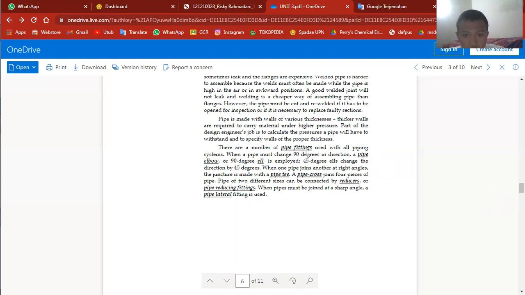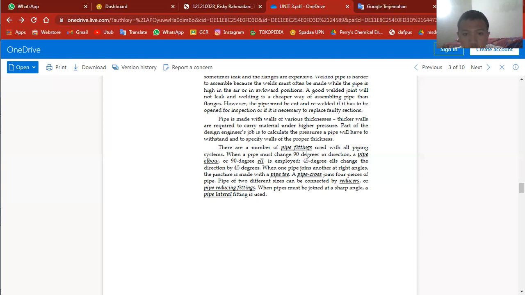There are a number of pipe fittings used with all piping systems. When a pipe must change direction by 90 degrees, a pipe elbow or a 90-degree L is employed. 45-degree Ls change the direction by 45 degrees.